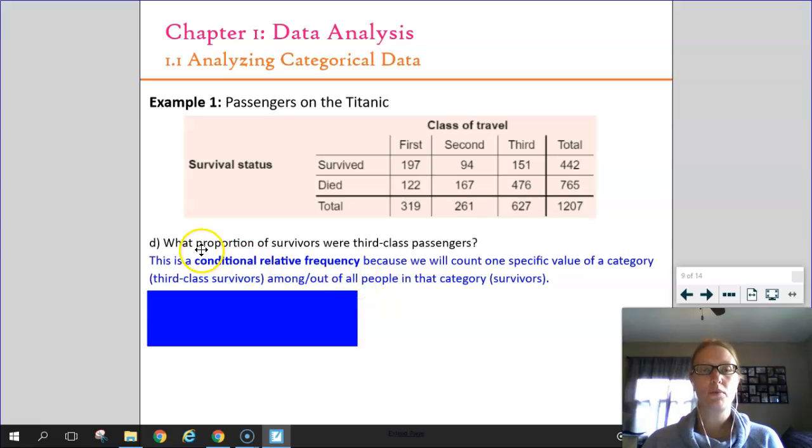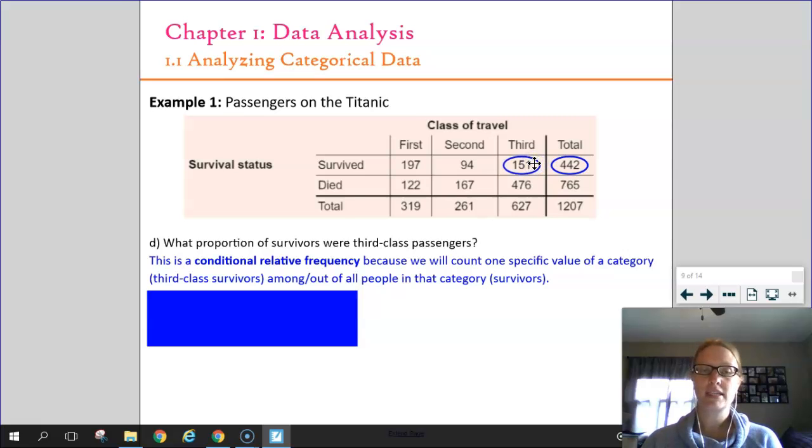Here the question is, what proportion of survivors were third-class passengers? So this is a conditional relative frequency because I'm specifically looking at the proportion of survivors. So I want to be focused just on the people who survived. Out of those people who survived, 442, how many of them were third-class passengers, which is 151.